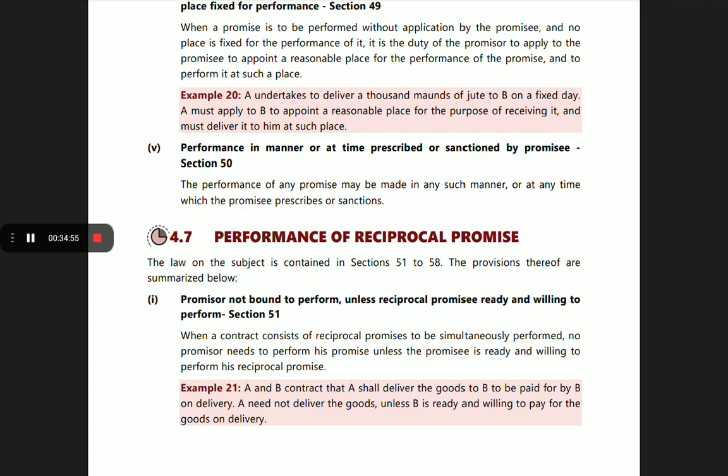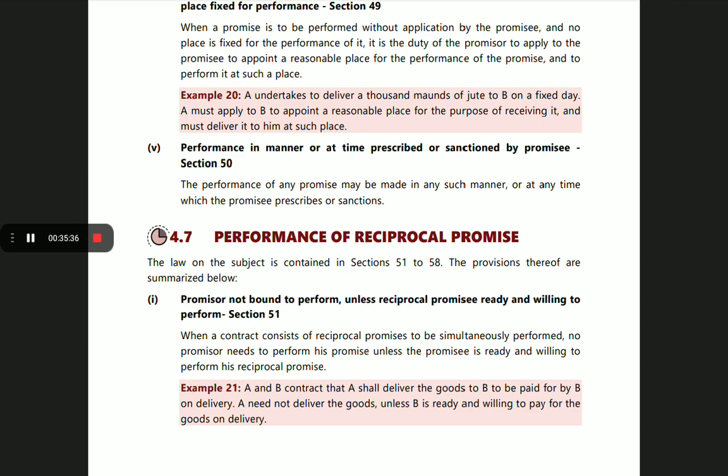Promisor not bound to perform unless reciprocal promisee ready and willing to perform. Section 51. When a contract consists of reciprocal promises to be simultaneously performed, no promisor needs to perform his promise unless the promisee is ready and willing to perform his reciprocal promise.